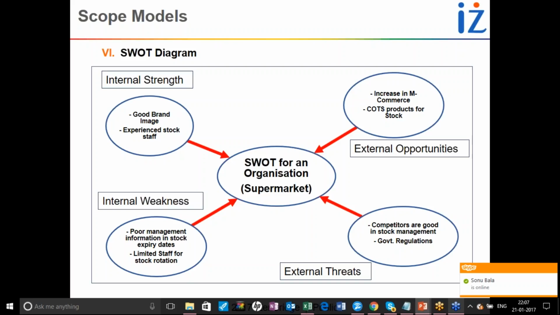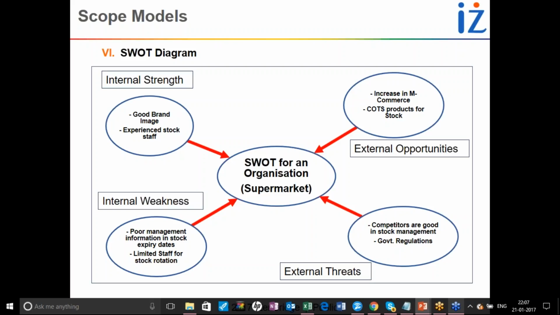In that case, the supermarket is losing customer satisfaction, and there is limited staff for stock rotation. That's why this problem is coming. Sometimes you may see that they are not trained enough. Sometimes you can see that there is a heavy workload.